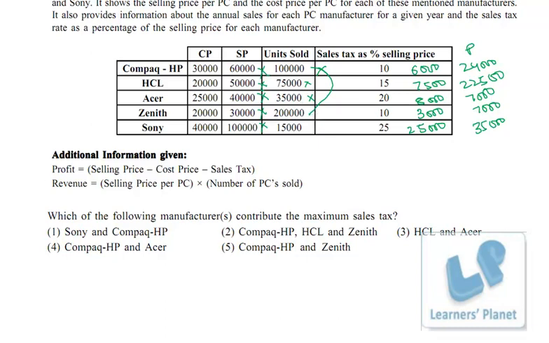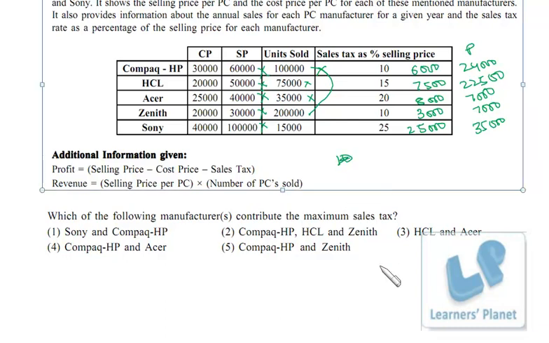I just take the initial figures, so it is 10 into 6, 10 here, 6 here, then it is 7.5 and 7.5 here, it is 3.5 and here it is 8.